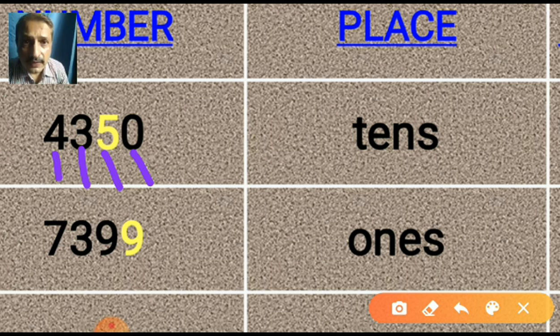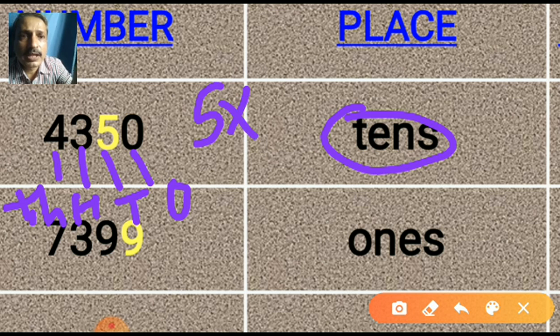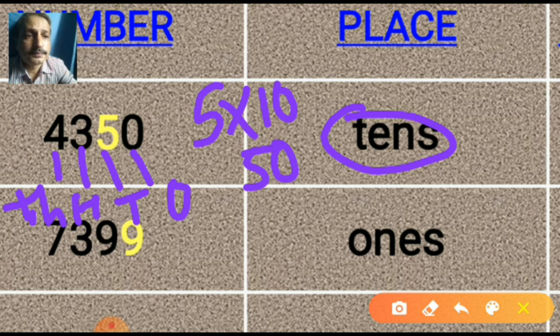The yellow colored number is showing the tens place, or you can remember like this: ones, tens, hundreds, thousands. We can use TH. Colored tens place means this number multiplied by 10. 5 tens are, yes, my dear student, you are right, 50.